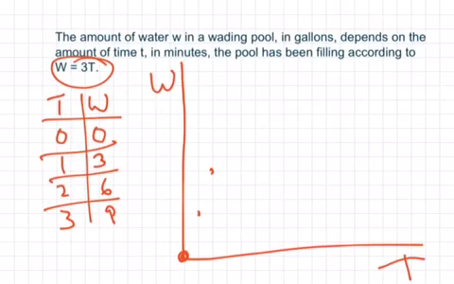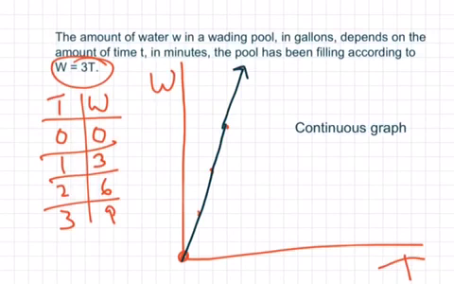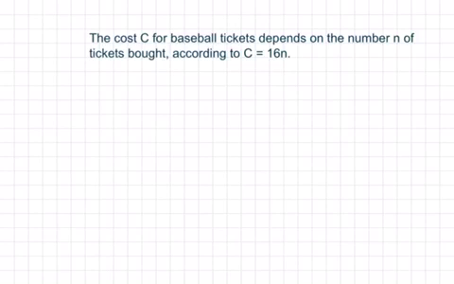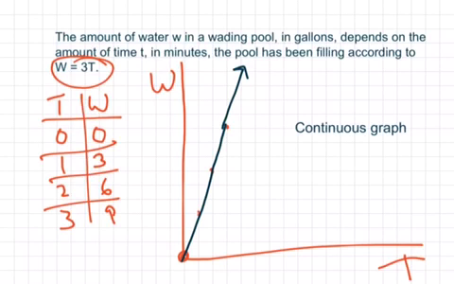And what I can clearly see is that this is a continuous graph, because it's possible for me to have parts of minutes. I could have like 2 minutes and 45 seconds and see how much water is in there. But comparing this one, that's continuous, and it's possible for me to have decimals of how much water is in the pool, compared with this one.